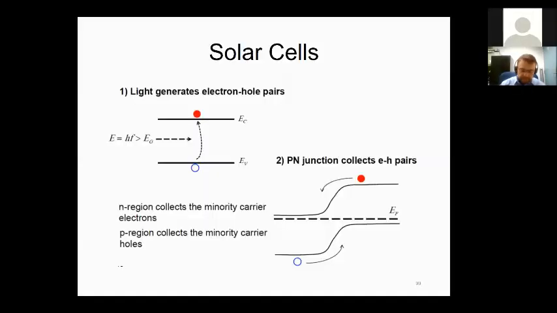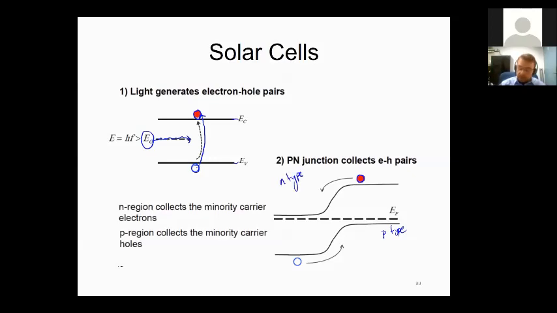When the light's energy is higher than the band gap energy of the semiconductor, it creates charged particles. In this case, this would be the p-type portion, and we would have the n-type, of course.